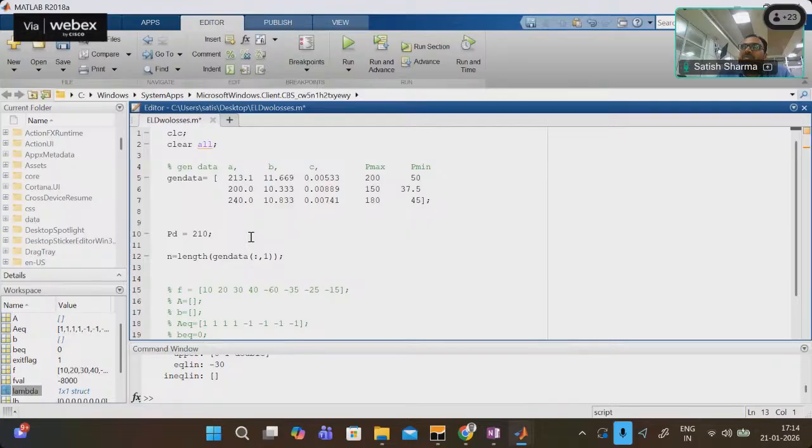Then what else is needed? I have to make a function f, which will be the linear coefficient. Let me define x first of all with a comment. Here we have only p1, p2 and p3.